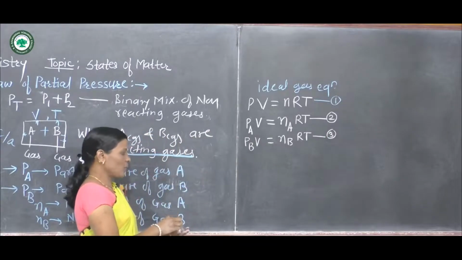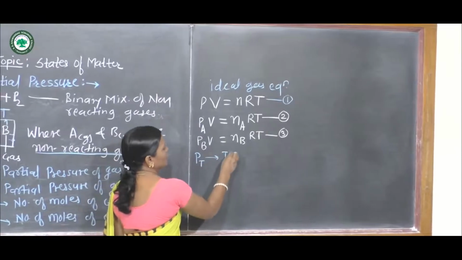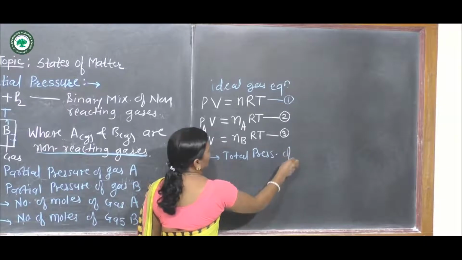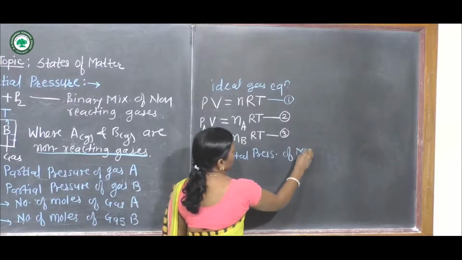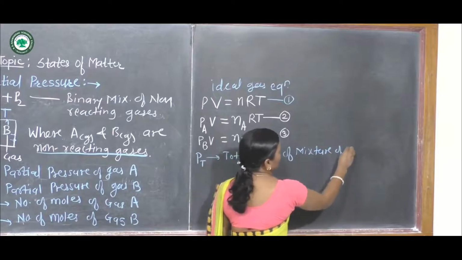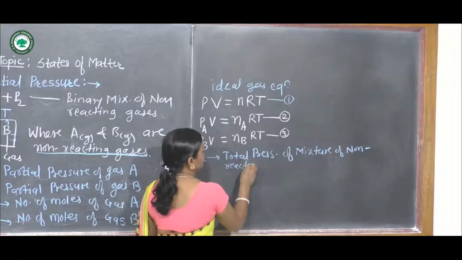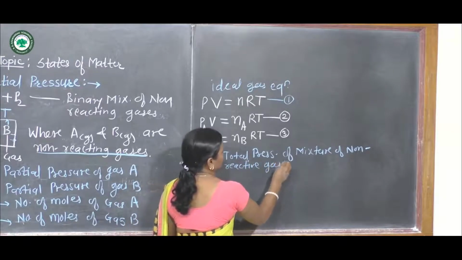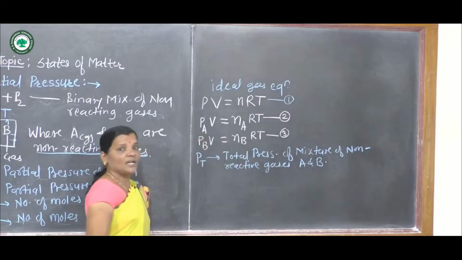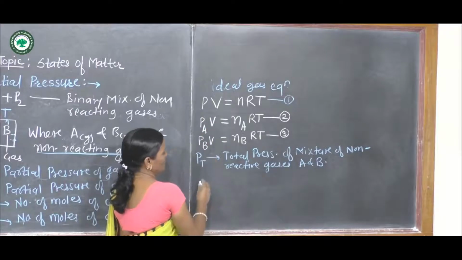Now suppose PT is the total pressure of the mixture of non-reactive gases A and B. Then we can write the ideal gas equation for PT.